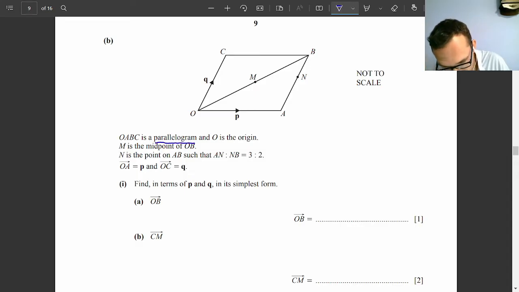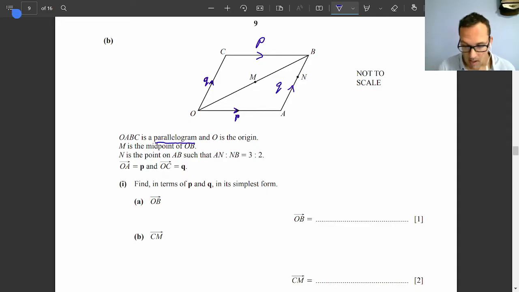So meaning if this is P, this is P, since it's the same length and it goes in the same direction. If this is Q, then this is Q because it is the same length and it's parallel, it goes in the same direction. Right, M is the midpoint, so we know OM and MB is the same length.